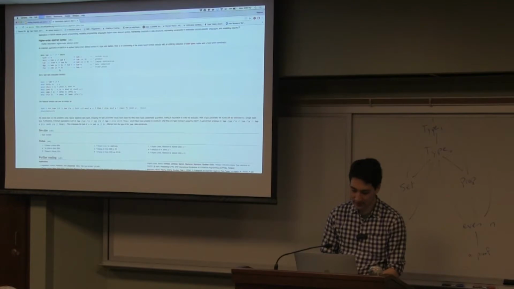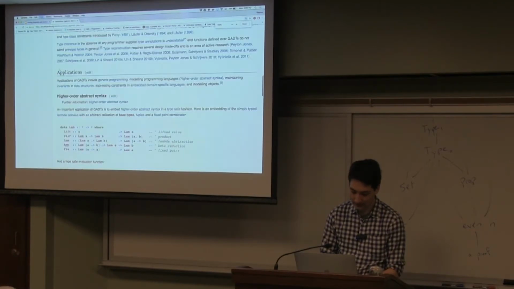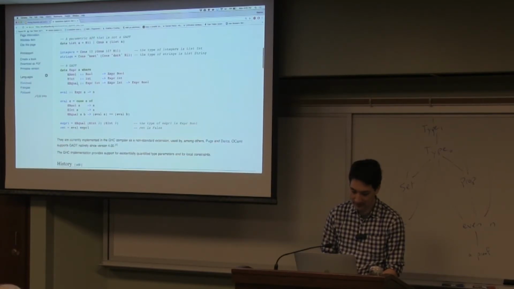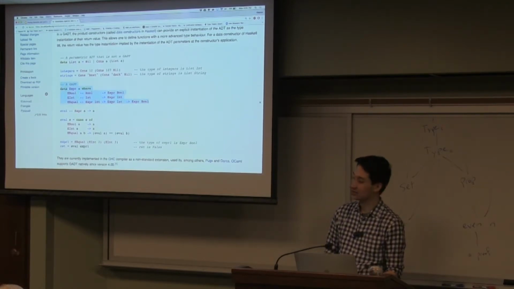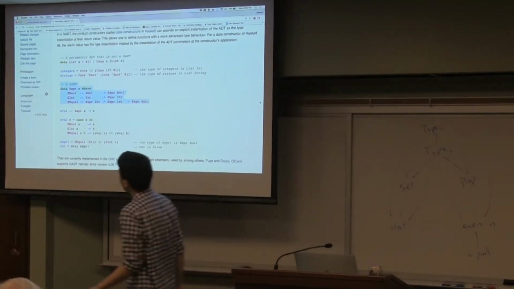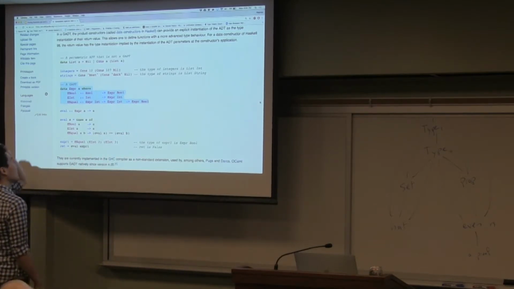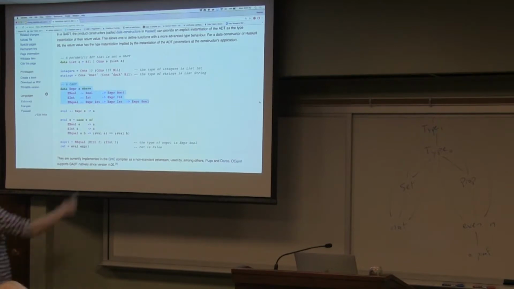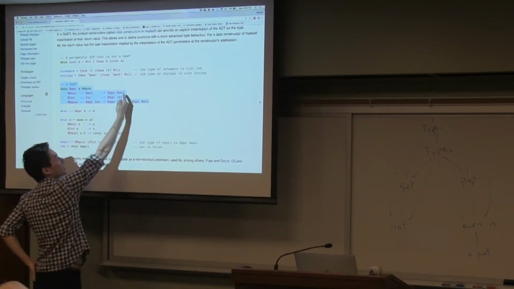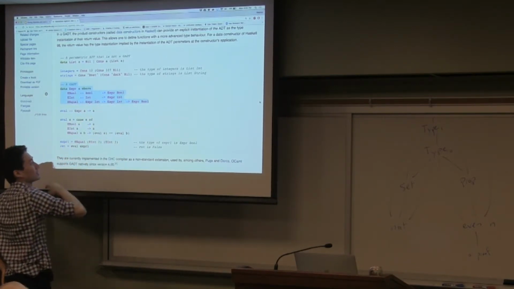All right, so let's zoom in on that. Maybe not that far. Okay, so this thing that I have selected here is a data type that's parameterized on a type A. But this type A is not the same in these different constructors. Here it's a bool, here it's an int, here it's an int, and here it's a bool.